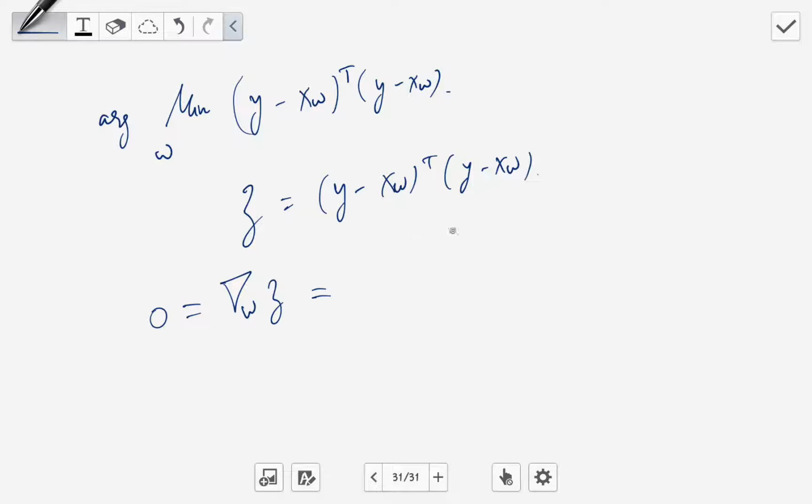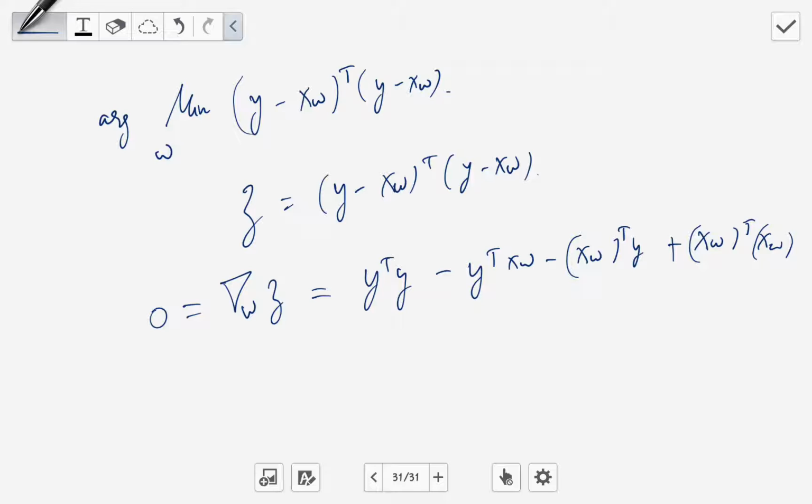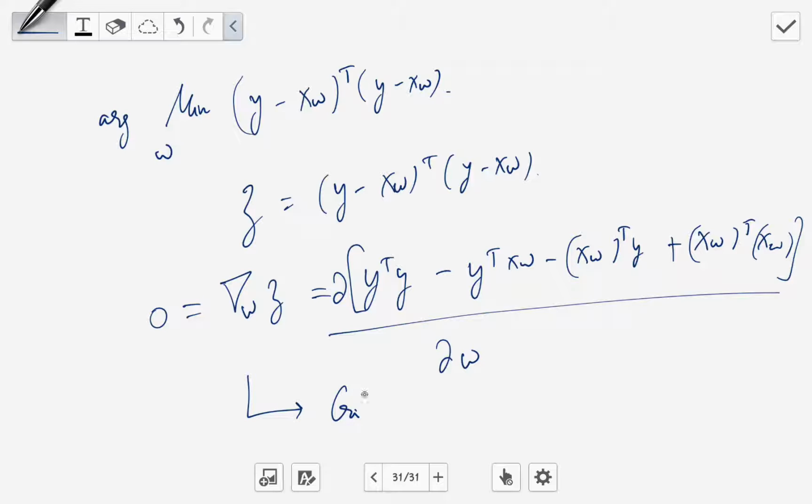It is y transpose y minus y transpose xw minus xw transpose y plus xw transpose xw. We need to differentiate this with respect to w and set it equal to 0 to find the critical point. Maximum or minimum is decided later.